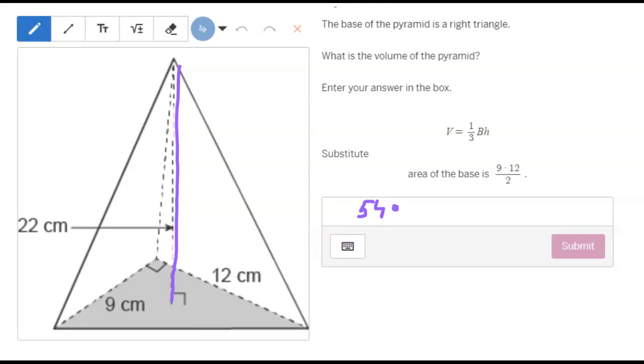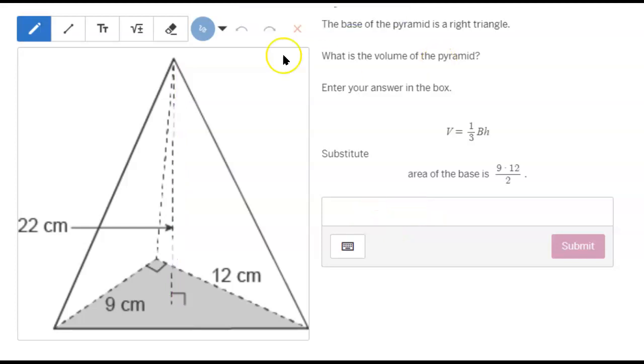So we're going to say times 22. And then because it's 1/3 of the base times the height, I'm going to divide the whole thing by 3 to get my total answer.